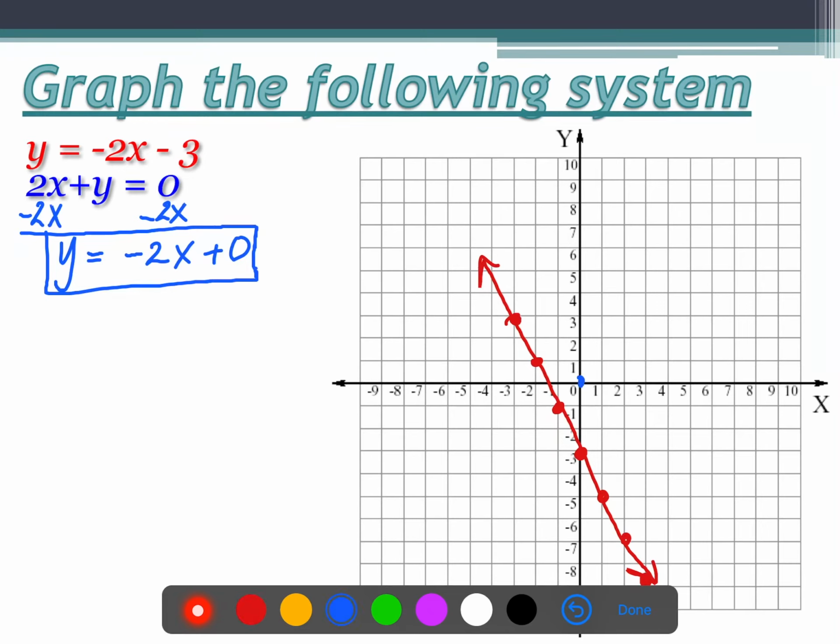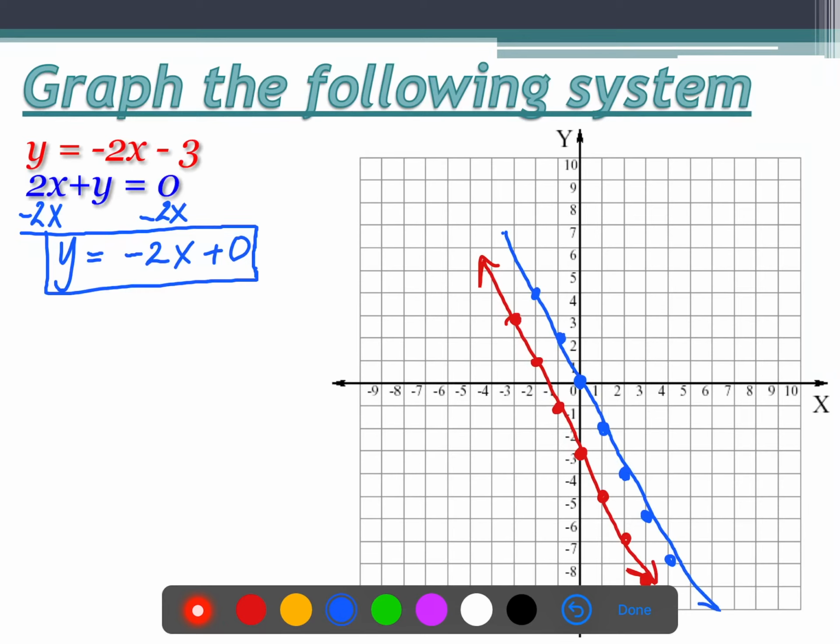Okay, and my second equation starts at the origin and again goes down 2 and to the right 1.